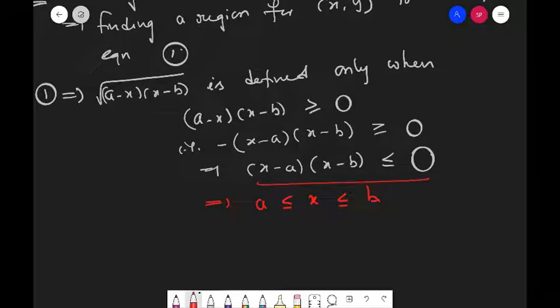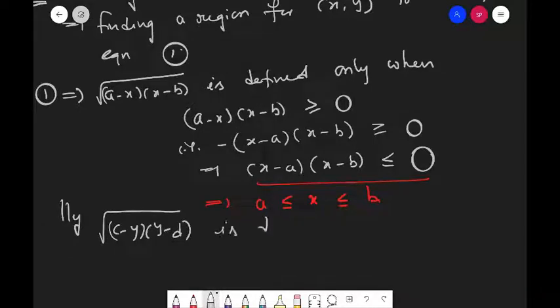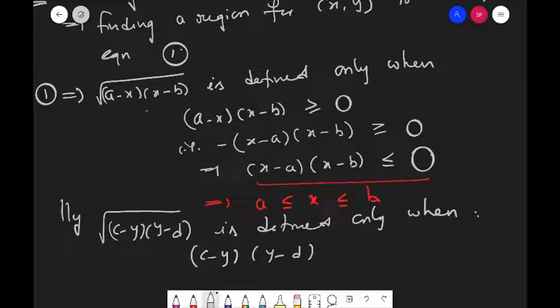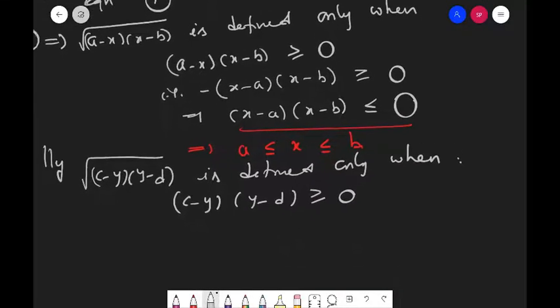So similarly, what is the other term? Under root of c minus y into y minus d is defined only when c minus y into y minus d is greater than or equal to 0.